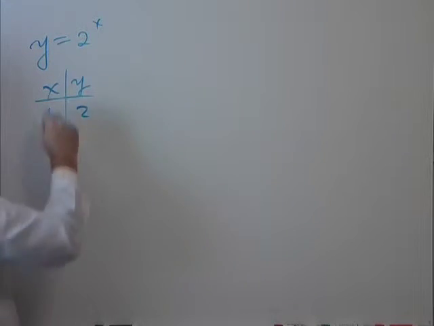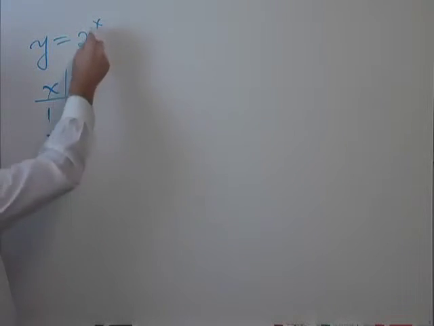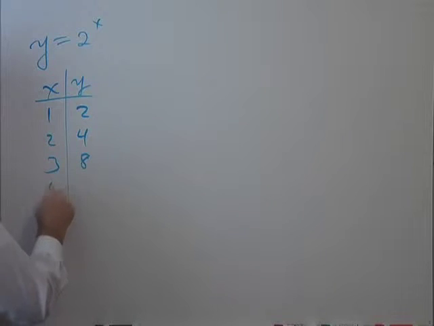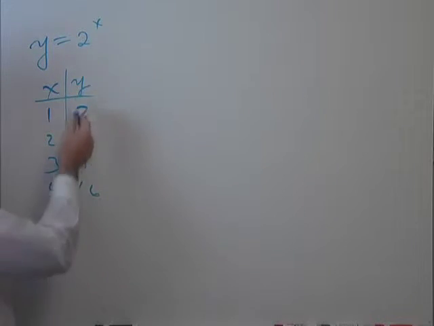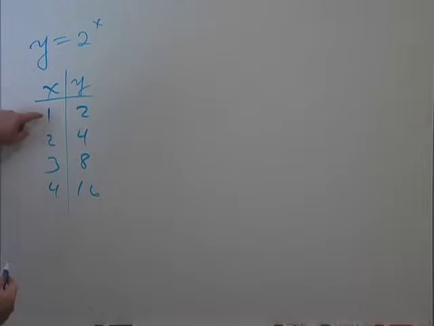If x is 2, 2 to the second is 4. 3, 2 to the third is 8. 4 would be 16. And you see what's happening here. As I increase x, the y's are doubling. The next one's going to be 32. 2 to the fifth power would be multiplying 5 twos together. So these numbers are getting big rather fast, which is interesting.